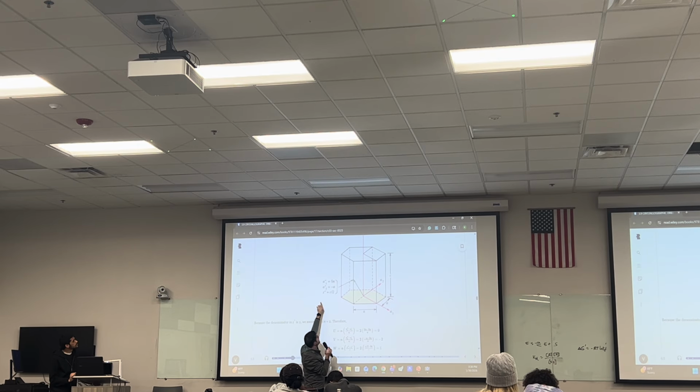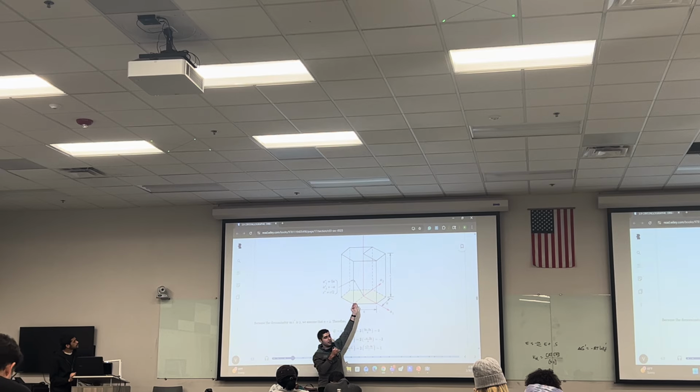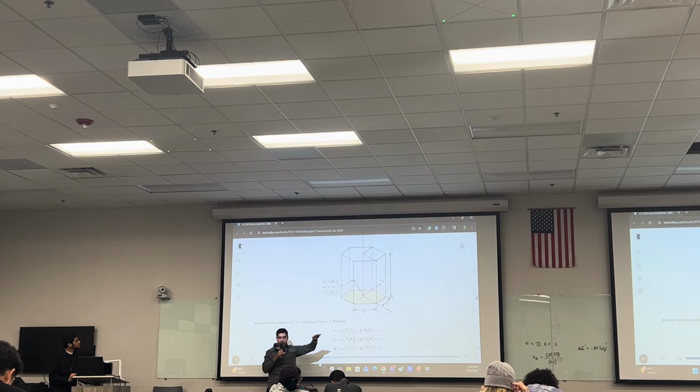And how about Z? For Z, if you project that point until you cross the Z axis, it's going to be C over 2, because the whole height of this structure is C, and it's kind of like the midpoint, so it's going to be C over 2.